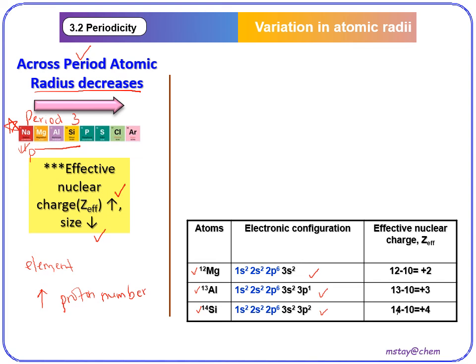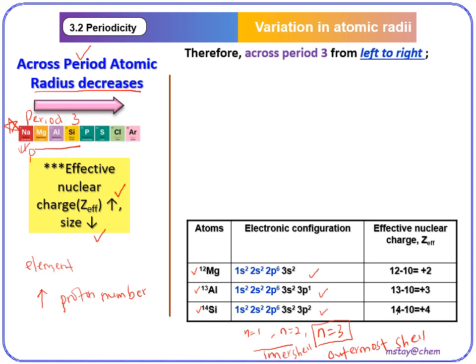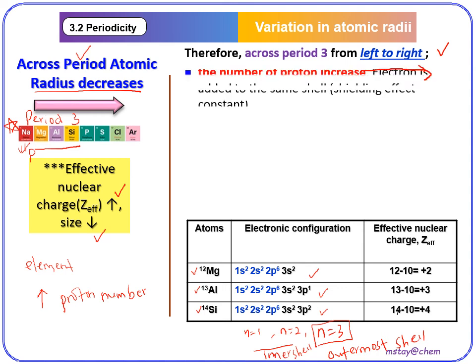From here, all these 3 atoms have 3 shells occupied with electrons, which are n equal to 1, n equal to 2, and n equal to 3. Again, n equal to 3 is considered the outermost shell, while 1 and 2 are considered inner shells. Across period 3 from left to right, what is going to happen?